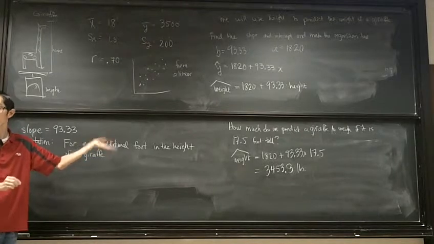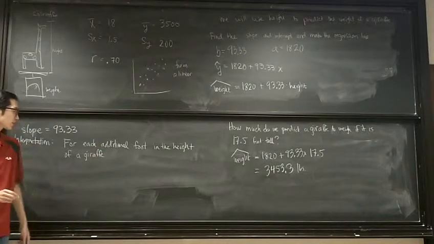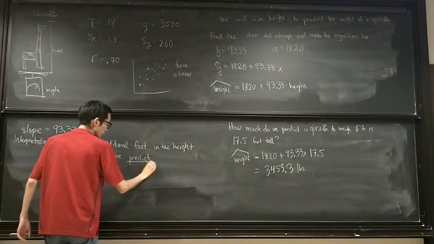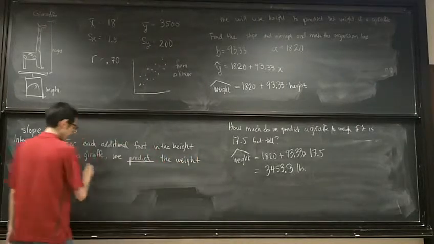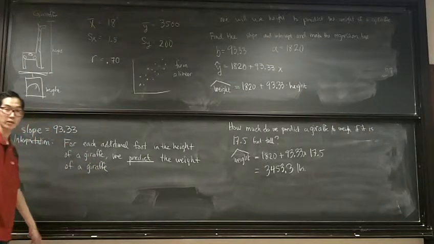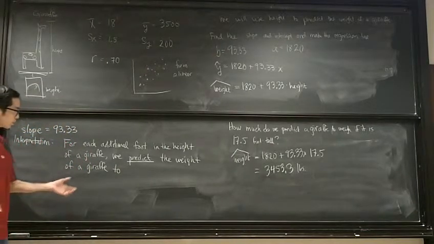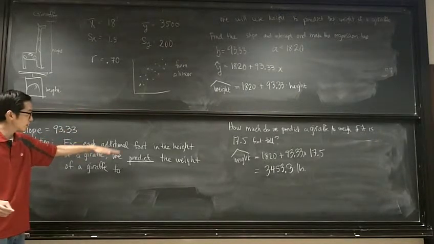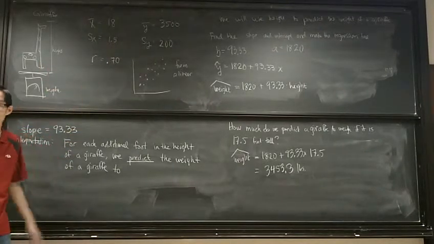X is the height of a giraffe in feet, so each additional foot in the height of a giraffe, we predict, and it's very important that we predict, the weight of the giraffe to fluctuate by 93.33. Fluctuate does not imply which direction, but we want positive. So if the height goes up by a foot, we predict the weight to go up by 93.33 pounds.